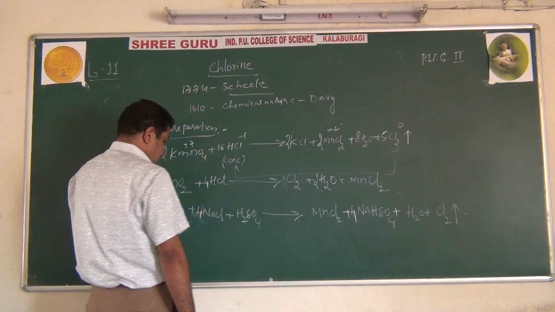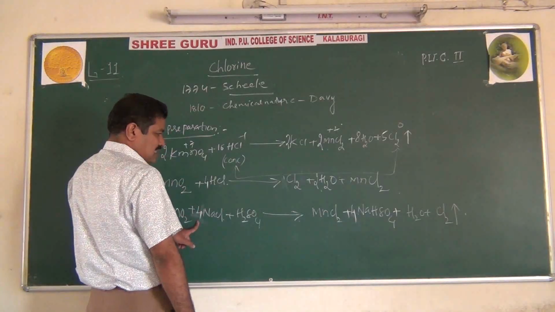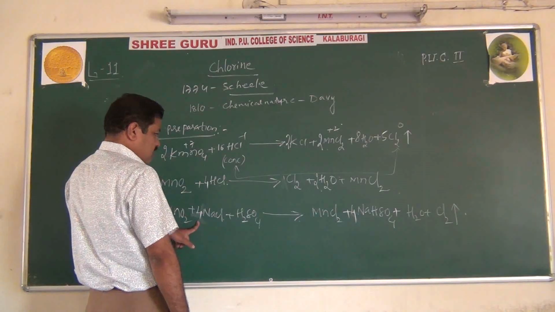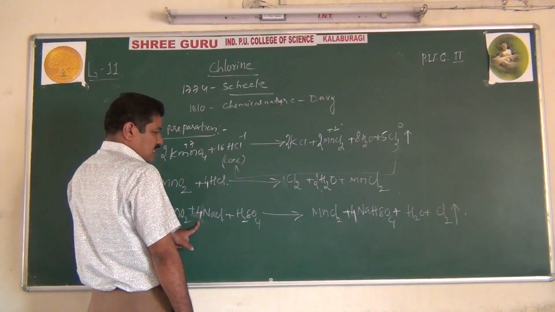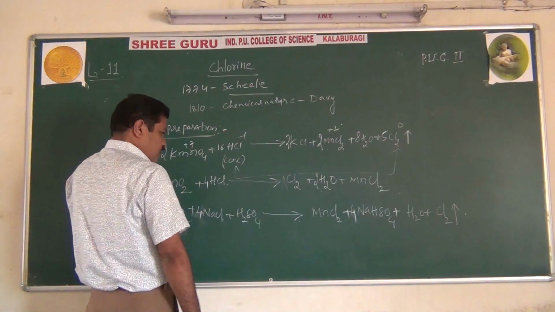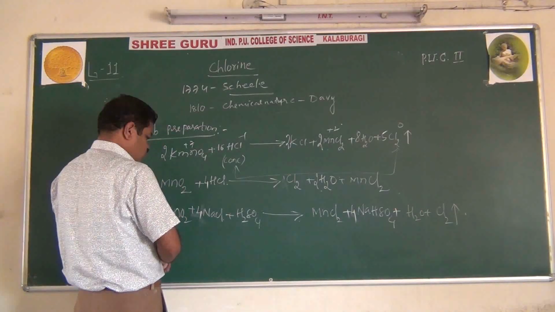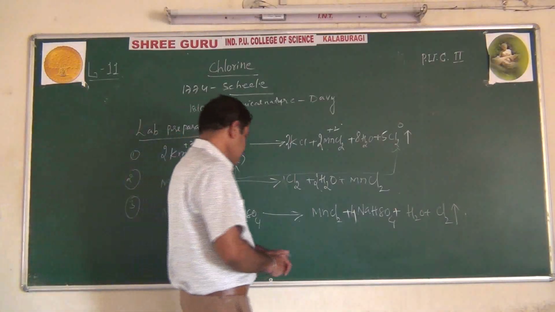Then MnCl2, chlorine, balance. What about hydrogen? Oxygen: 2, 4, 4 fours are 16. Here, to make oxygen balance, what you have to do? That's important.